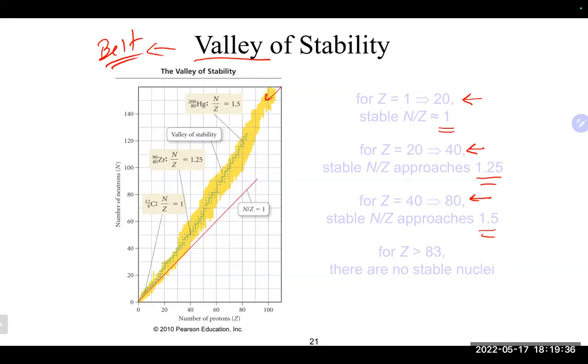Now, to make it easier for us in this class, we're going to use these as a hard cutoff. So either the ratio is 1, or it's too high or too low. Or the ratio is 1.25, or it's too high or too low. As you can see here, one ends at 20 and the next begins at 20, and obviously one ends at 40 and the next begins at 40. So there is a grayish area between those two where they transition from one to the next.